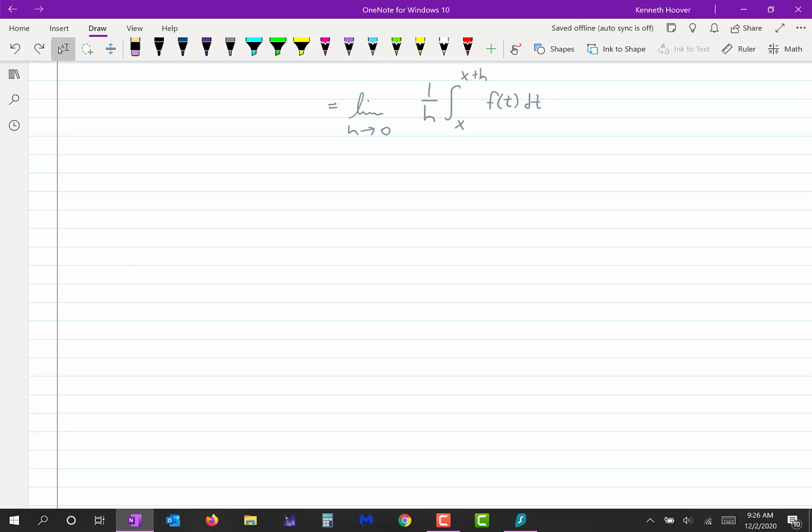So I think maybe what we should do is we're looking at the limit as h goes to 0, so that means h might be positive or it might be negative, right? So let's go ahead and split those into two cases. Let's just suppose that h is positive for right now. Okay, let's look at a hypothetical picture here.